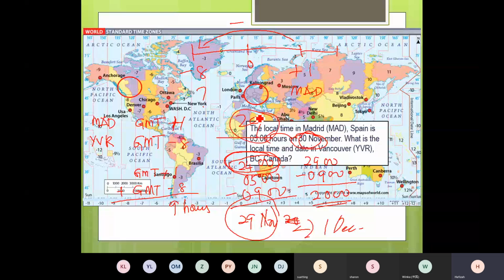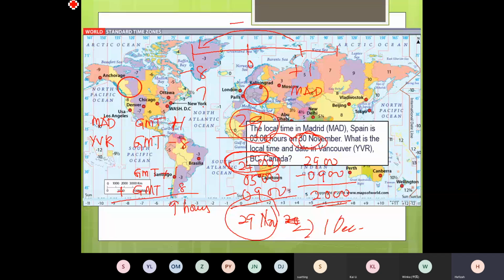Because you borrowed, you took someone else's day. You need to get another day from other people, which means you need to borrow 24 hours, so it will be in a previous day, because in your country it has not yet arrived at that 24 hours.